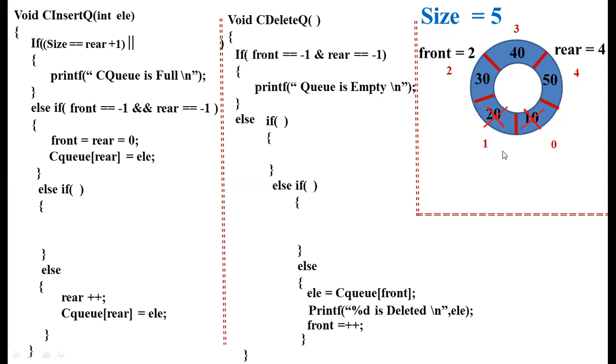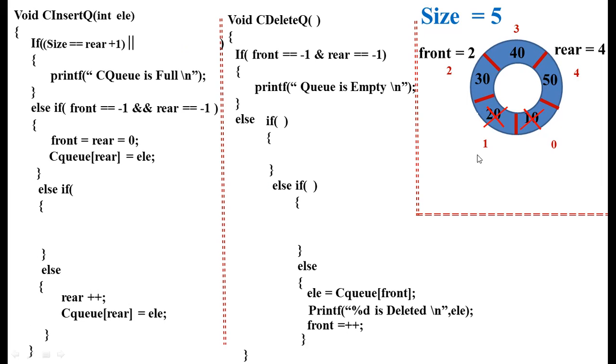Here in the else block, front is equal to -1 and rear is equal to -1, which is false. So when the condition is false, we come here and do rear plus plus. Whenever I try to insert the element now, since the rear value is 4, we will get the message that the circular queue is full. But that is not correct.